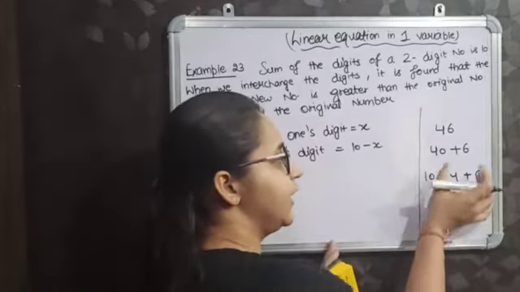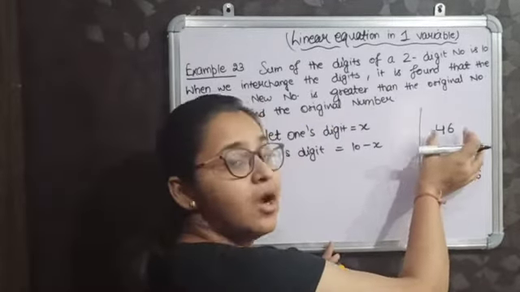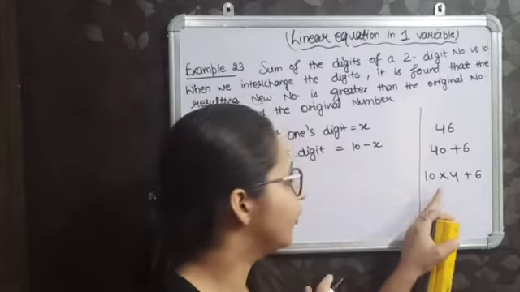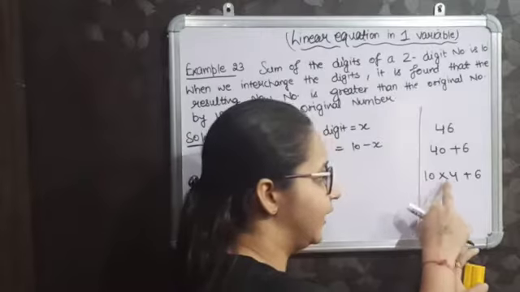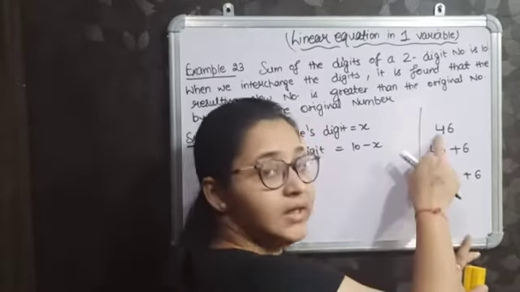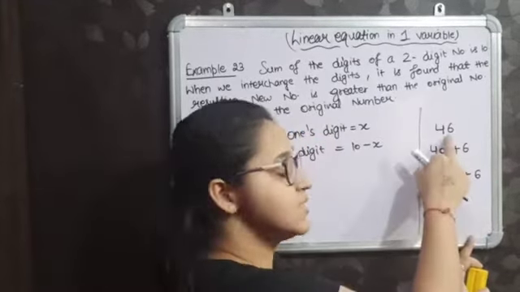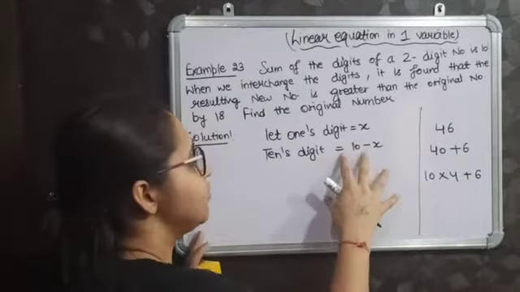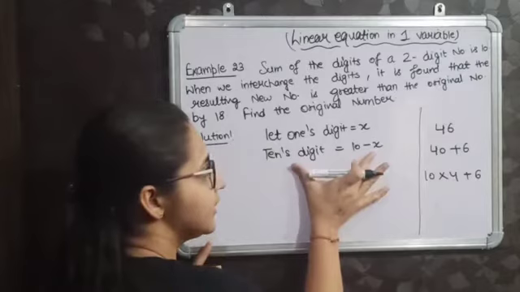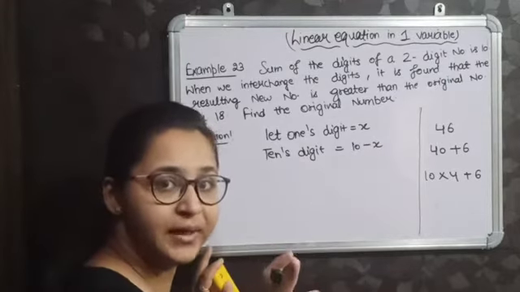This is the expanded form of a two-digit number. You write 10 multiplied by the tens digit plus the ones digit, 6. Same way, I am writing this two-digit number in its expanded form.